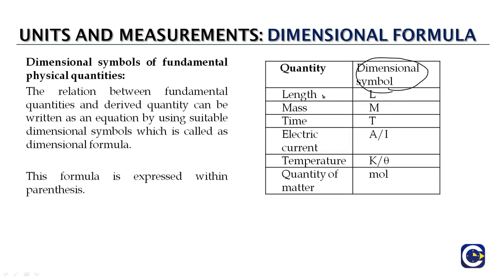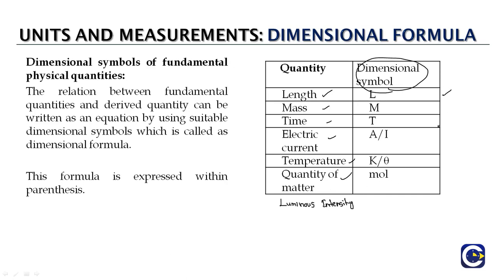All the fundamental quantities: length, mass, time, current, temperature, amount of substance, and even the luminous intensity. Of course, the reason why we are not focusing on luminous intensity over here is that in our entire higher secondary syllabus, there is not much importance for this quantity. But all the fundamental quantities are given dimension symbols.